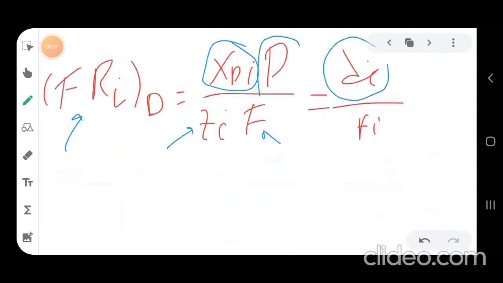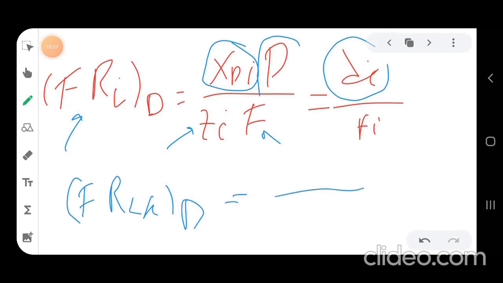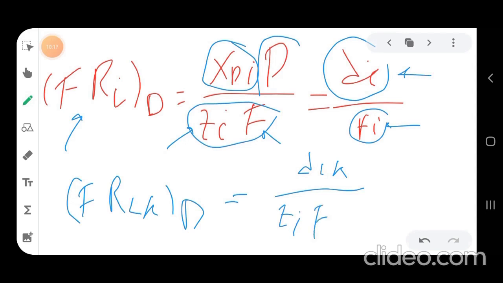So this will be the fractional recovery of the light key in the distillate, we can write it as D of this light key over fi, or instead of fi we can write zi F. Okay, so we can rearrange this equation.